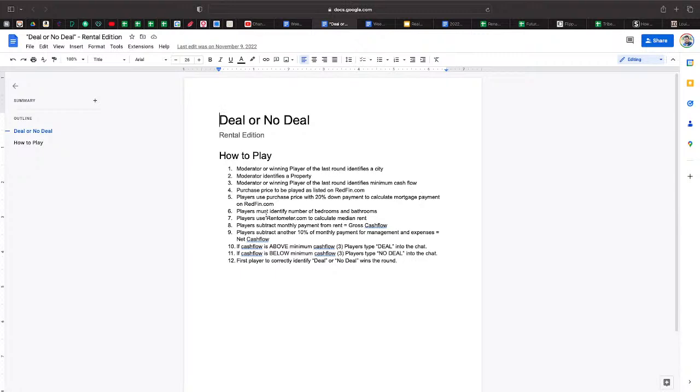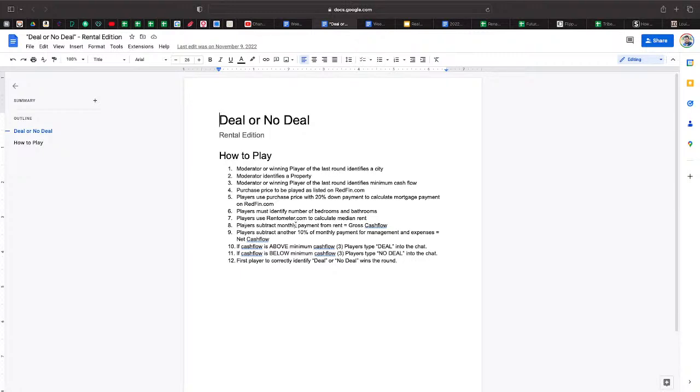Players must identify the number of bedrooms and bathrooms and use Rentometer.com to calculate median rent. I think we had a problem last time we played this with Rentometer not letting us do more than like three calculations. So I believe we can just use the Zillow estimate, the Zestimate, on rents.